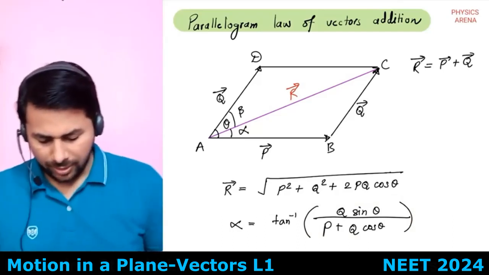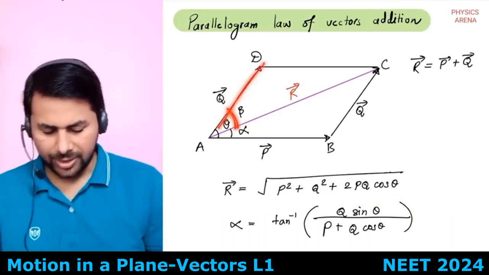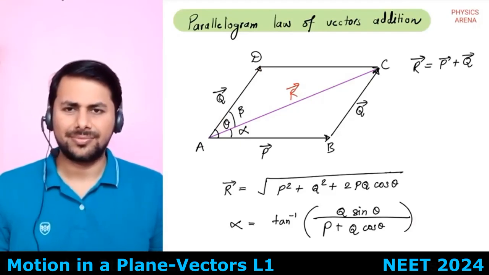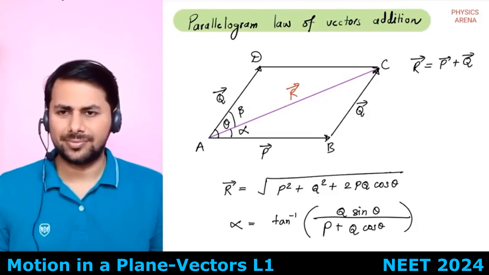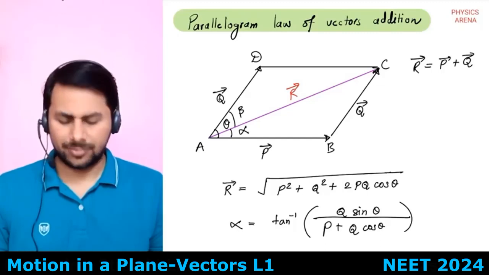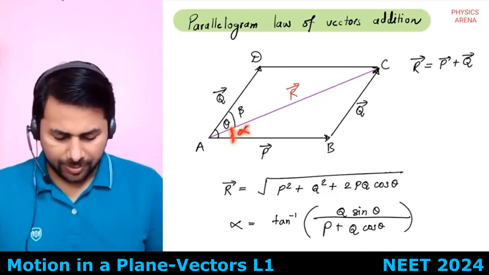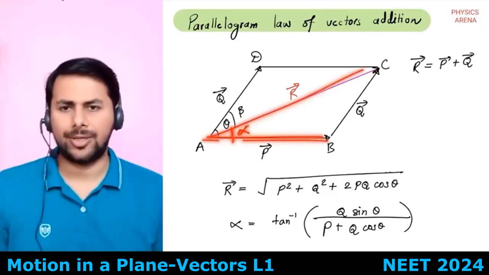Now suppose it makes an angle beta with this one. Can you find out beta then? See, alpha is the angle between the first vector and r bar.